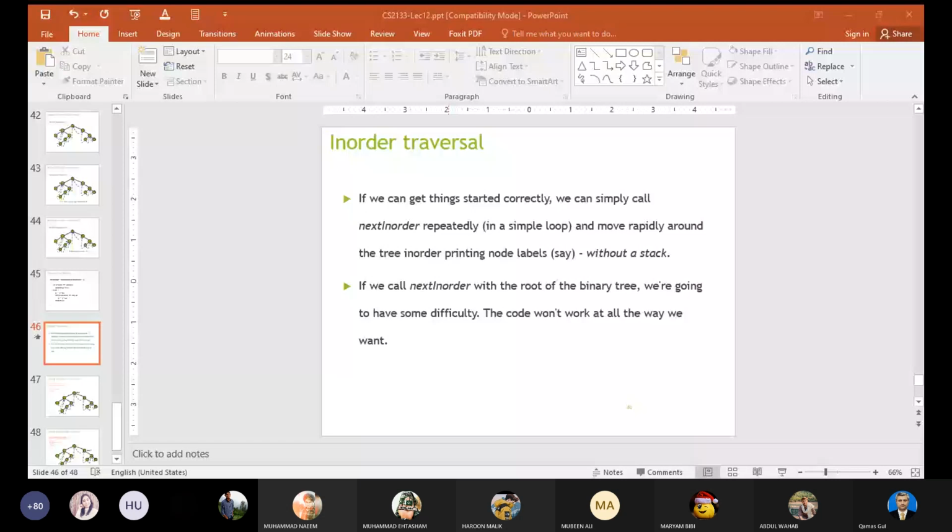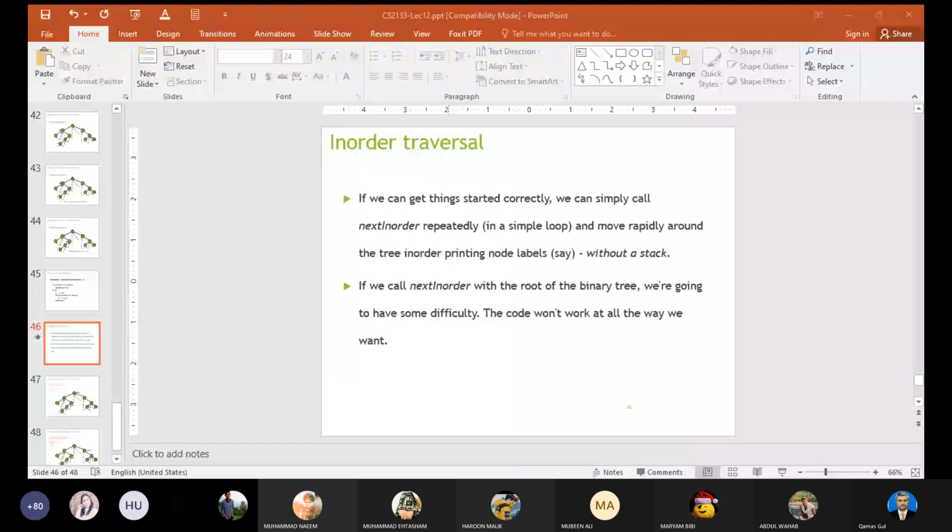So this code that I have explained to you earlier, the next in order function, is responsible for the traversing of the threaded binary tree without a stack.